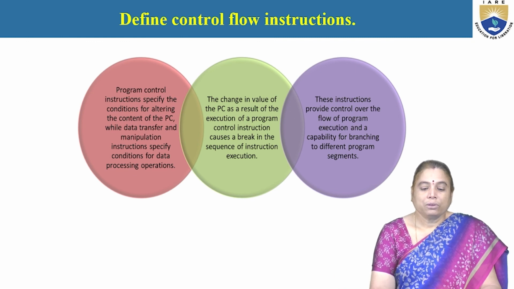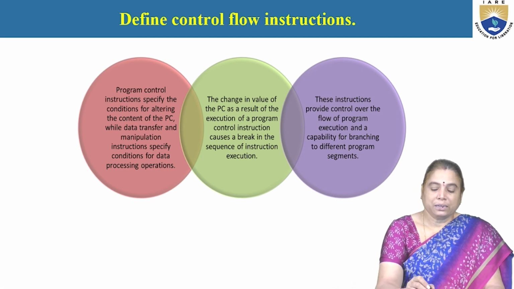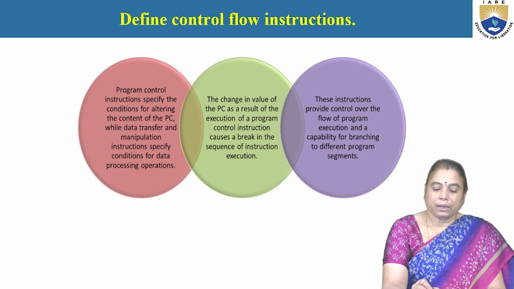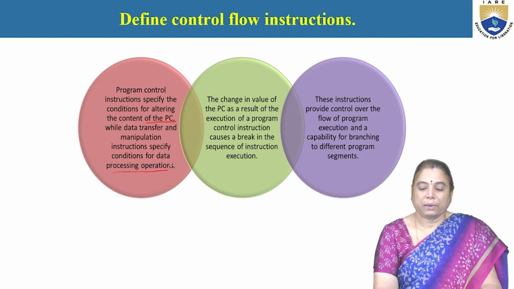Define control flow instructions. Control flow instructions are otherwise referred to as program control instructions. These instructions are generally used to alter the flow of execution of the program. They specify the conditions for altering the content of the PC, while data transfer and manipulation instructions specify the conditions for data processing operations.